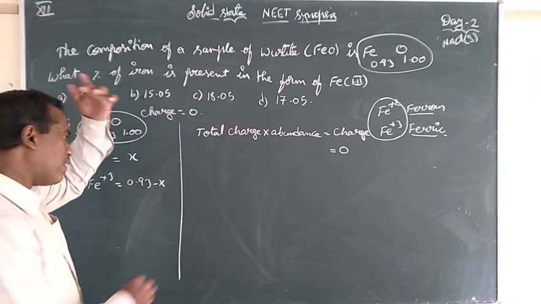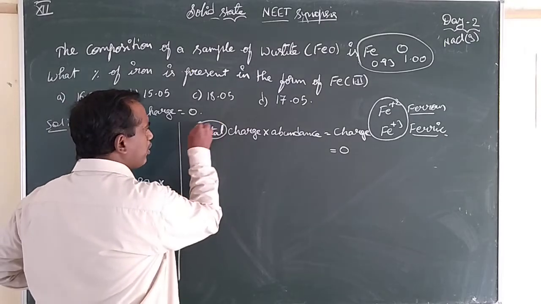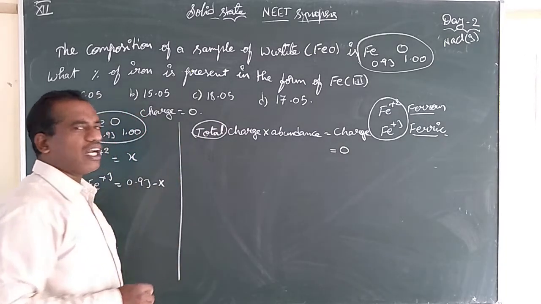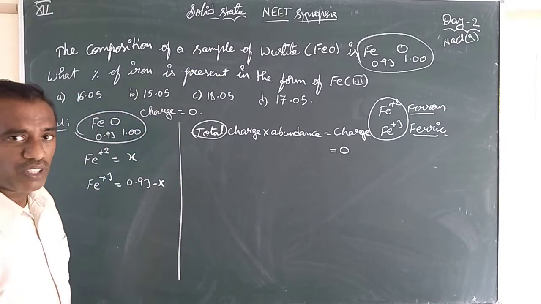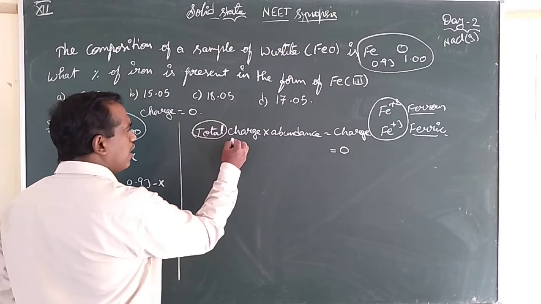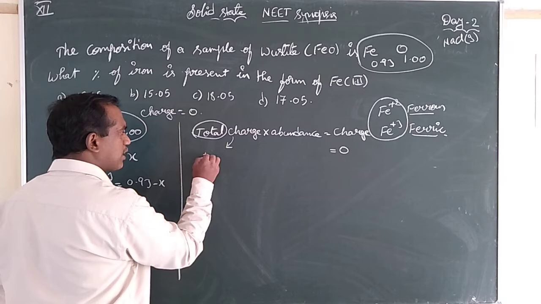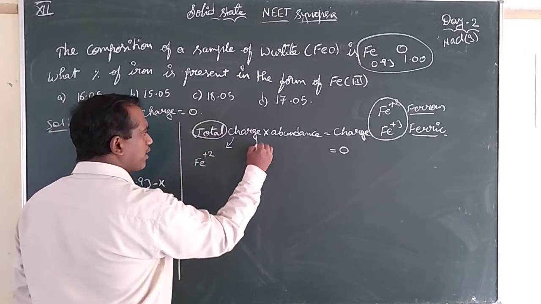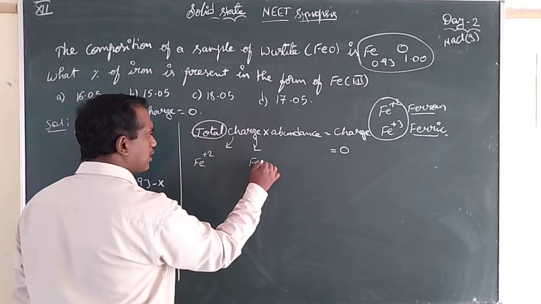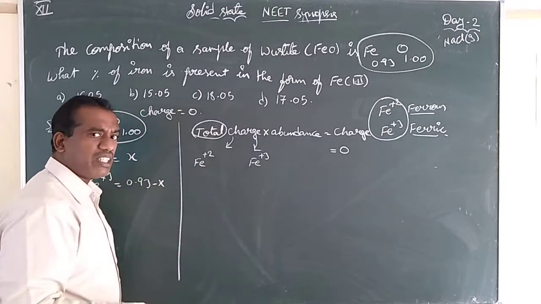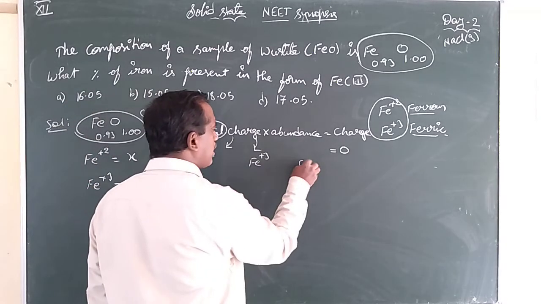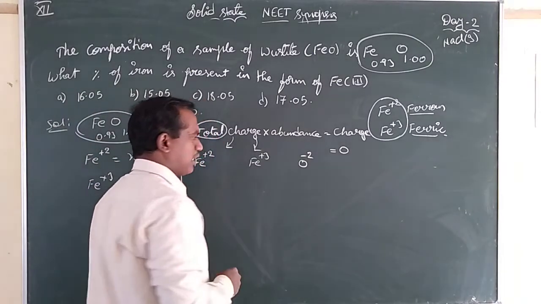Before I go for the total, let me give the individual charge and their abundance. What elements are present? One is present as Fe+2, another one is present as Fe+3. Oxide means everyone knows oxygen will be in the -2 oxidation state.